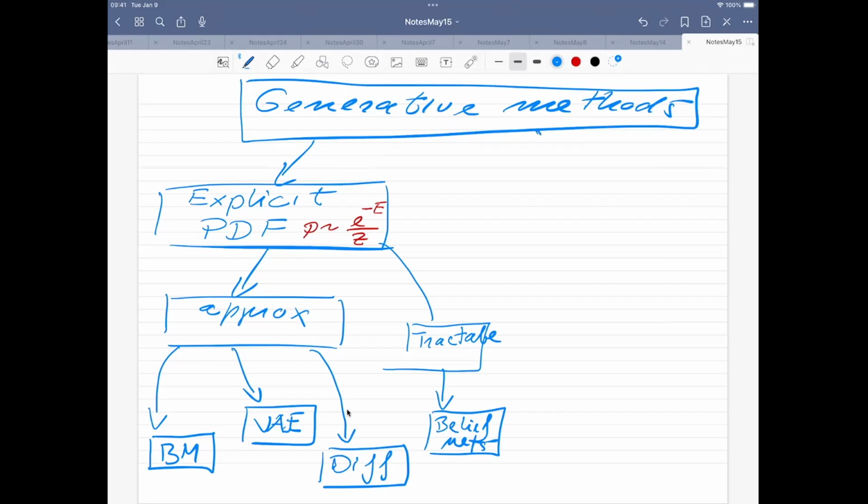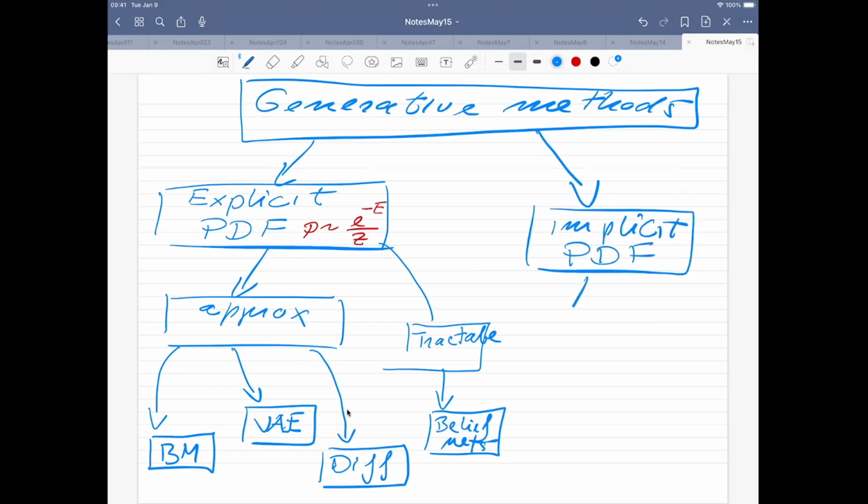Then we have another one where, instead of explicit, we look at an implicit derivation of a PDF. And GANs belong to one of these classes. There is a whole other set of methods which we haven't covered, which deal with the Markov chain simulations.